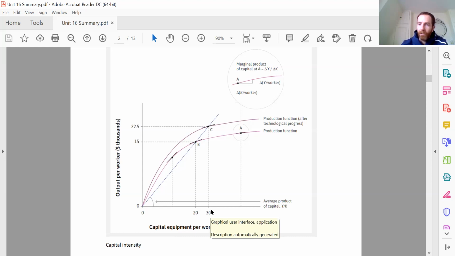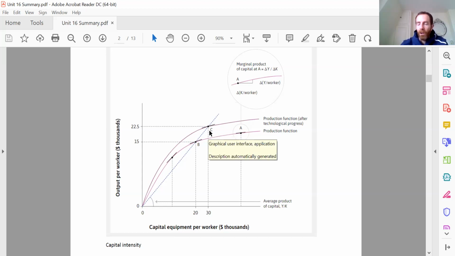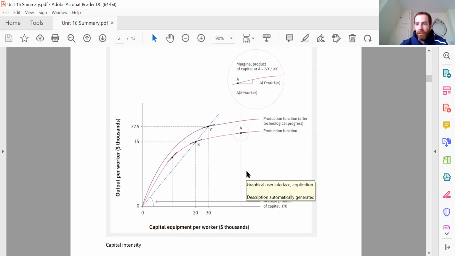compared to on the old production function, which is indicating to us that with this new technology, this new production function, firms have an incentive to accumulate more capital, to have a higher level of capital intensity in order to achieve, say, the same average output per worker as before. And so this ties into what we saw above, that new technologies spur accumulation of capital.